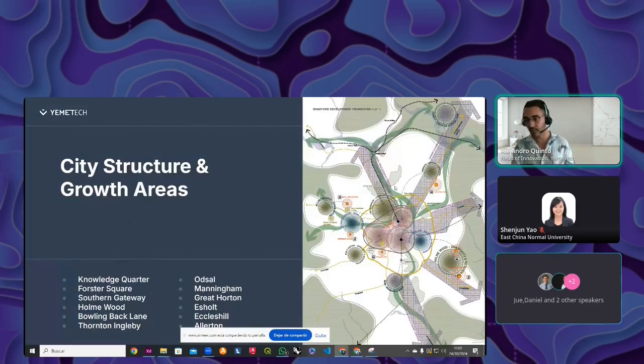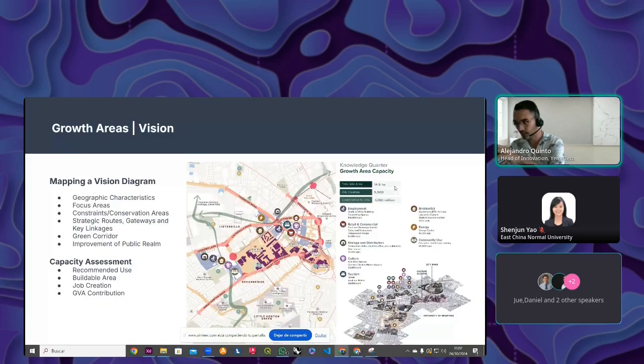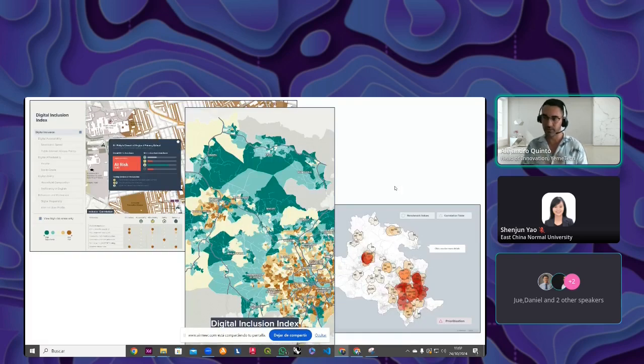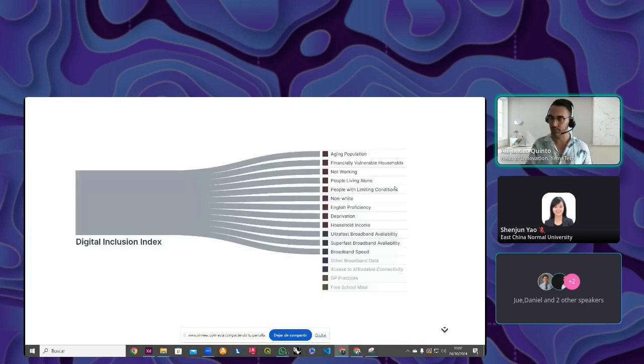And this is some of the summary objectives, the summary of those areas that ultimately were taken forward by WSP, which is a big architecture and consultancy firm, and they developed on the city. The second project is a digital inclusion atlas or an index that we are currently working on. And again, it's a similar methodology to identify what the problem is.